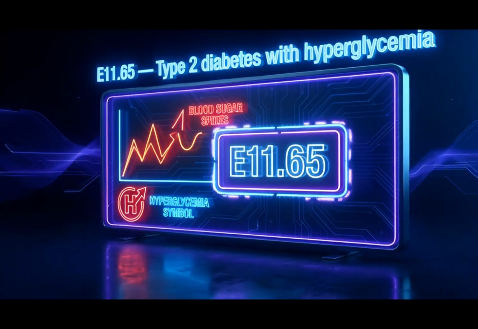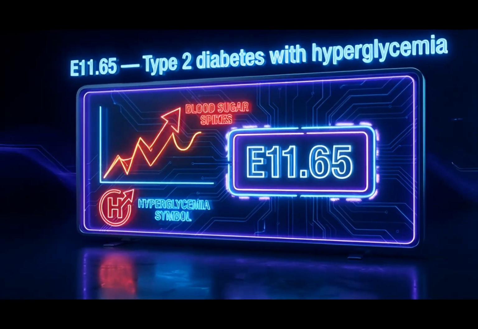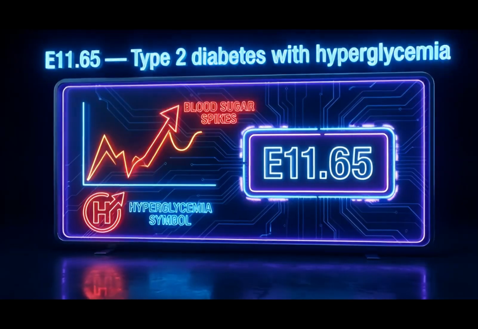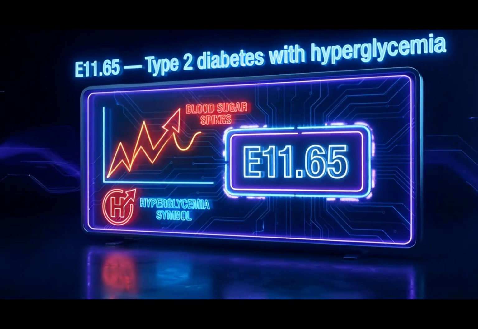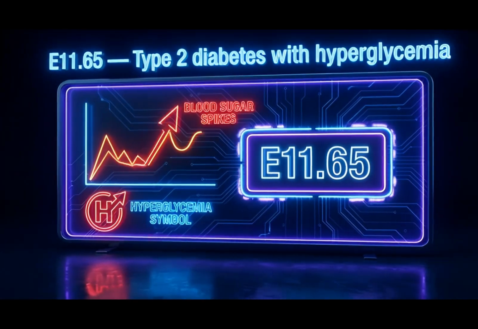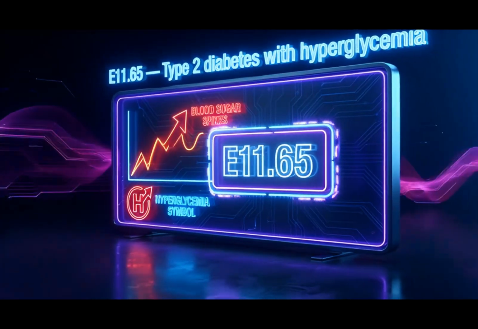Remember, this code captures the idea that the patient's diabetes is not well controlled, even if the provider doesn't use those exact words. So anytime the chart clearly links type 2 diabetes with high blood sugar levels, E11.65 is the accurate and specific code.